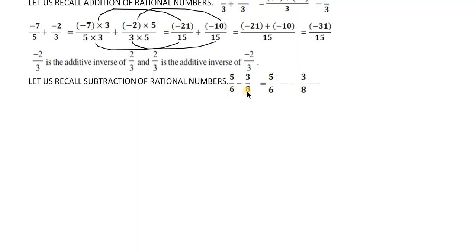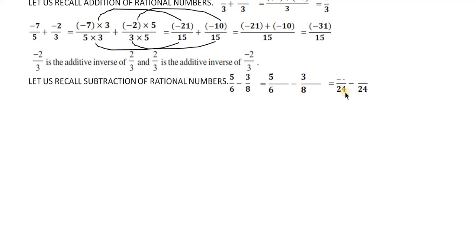So what are the other multiples of 8? 8 2s are 16. 16 is not divisible by 3, and 8 3s are 24. 24 is divisible by 6. So 24 must be the LCM of it. Finding the LCM is known to you. I don't want to go still lower. So I am taking the LCM as 24 for both the fractions.